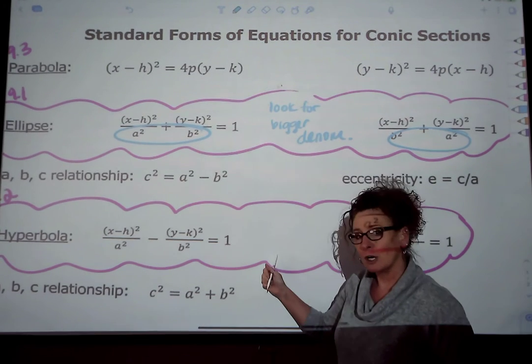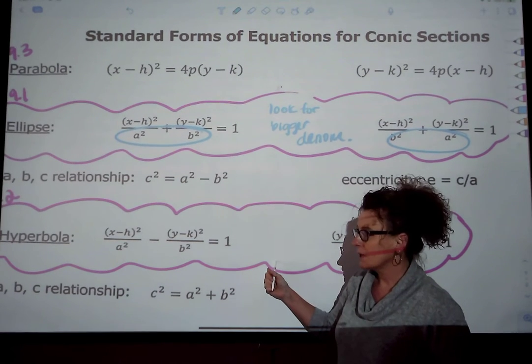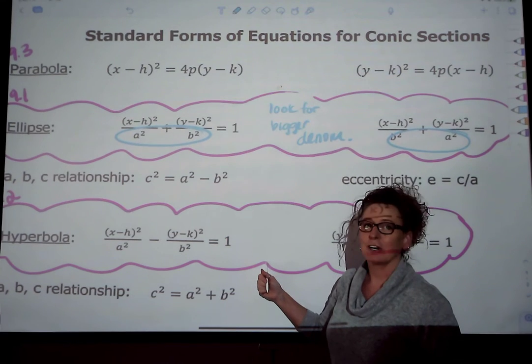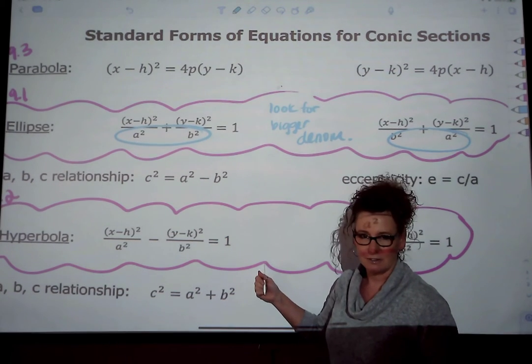In a hyperbola, you're not going to look for the bigger denominator. You're going to look for the positive denominator.